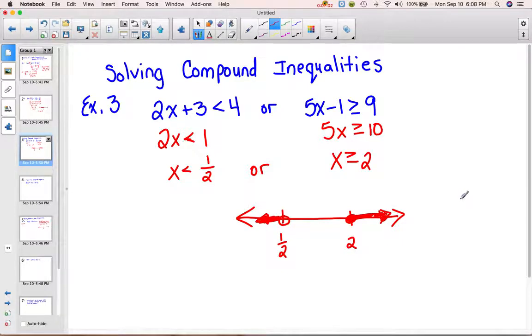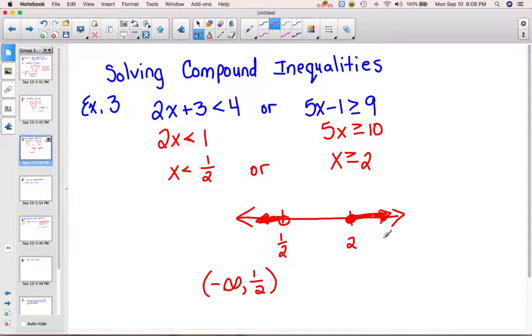Now, interval notation. Unfortunately, you can't combine this into one little notation. You're going to have two things there. So for this first part, we're bound on the left by negative infinity, so we're not really bound. Bound on the right by 1/2, not including the 1/2, so we put the parenthesis.